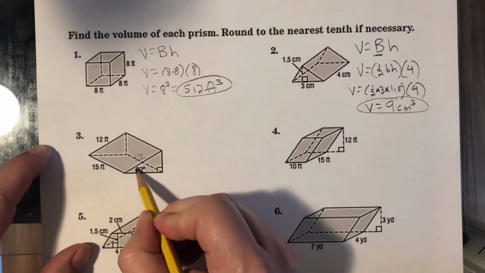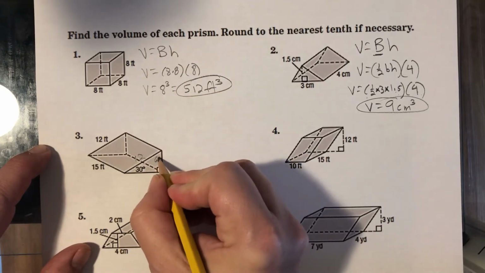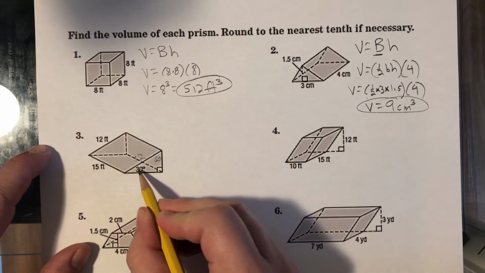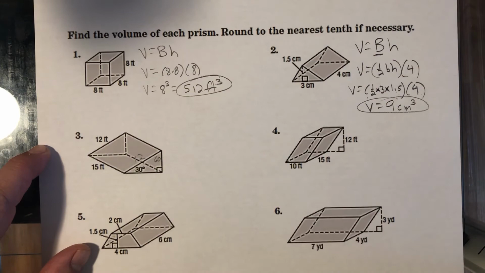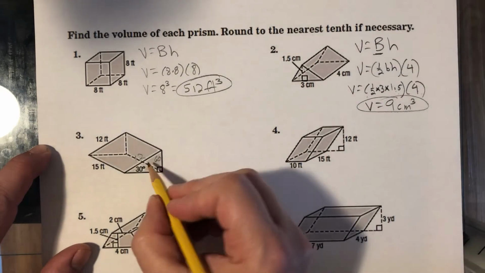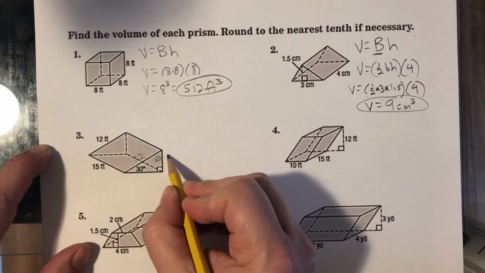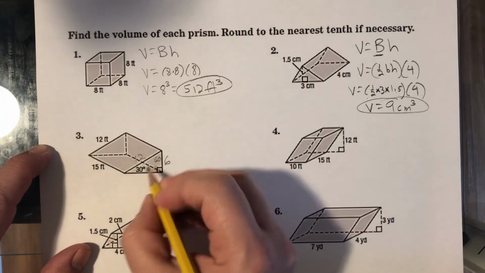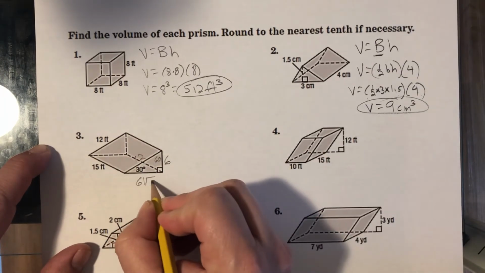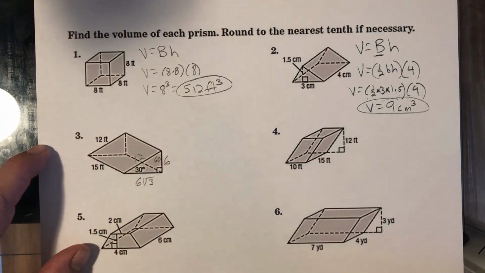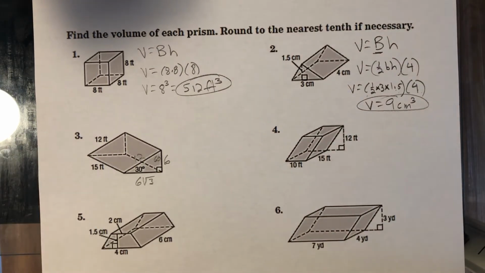And we know that this would be a 30, 60, 90 triangle, because if this is 90 degrees and that's 30 degrees, that's got to be 60 degrees, okay? So if this is 12, then that's going to make this over here 6. That's the short leg. And then the long leg would be 6 square root of 3, okay? So now we know the base and height of the cross-section triangle, all right?